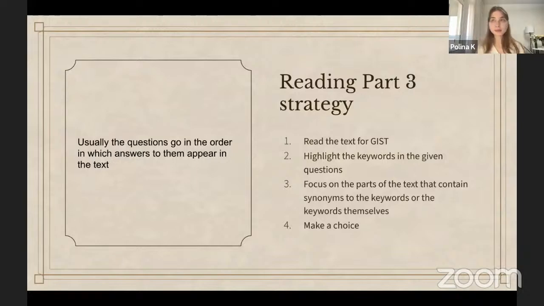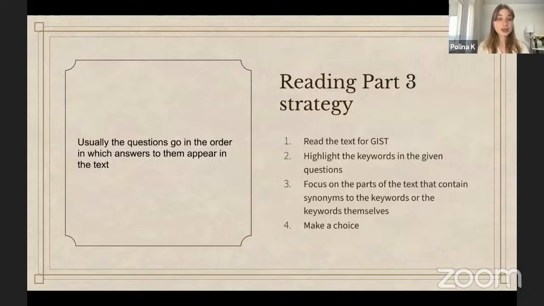If we find ourselves hesitant or in doubt about what answer to choose, then of course intelligent guessing, but it's better to apply the strategy that is shared over here before opting for intelligent guessing. Then there is also a small hack for you to rely on.